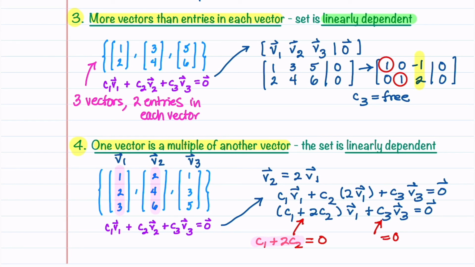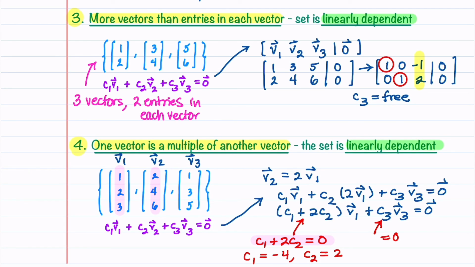This equation has an infinite number of solutions. For example, we could have c1 equal to minus 4, and that would give us that c2 is equal to 2. Because we have an infinite number of solutions for c1 and c2, we don't just have the trivial solution, so this set of vectors is linearly dependent.